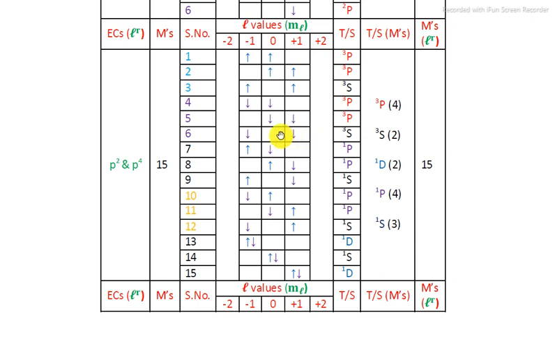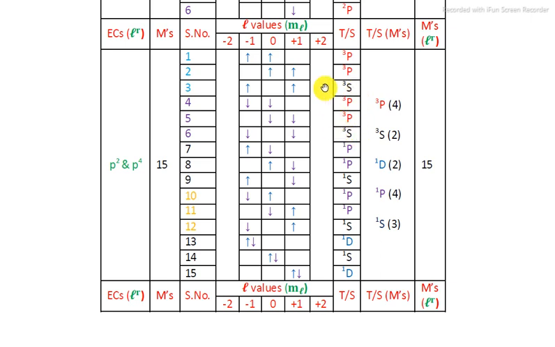If the 2 electrons are present in the first orbital and the last orbital, the L value is 0 and the term is S, 3S and 3S here.